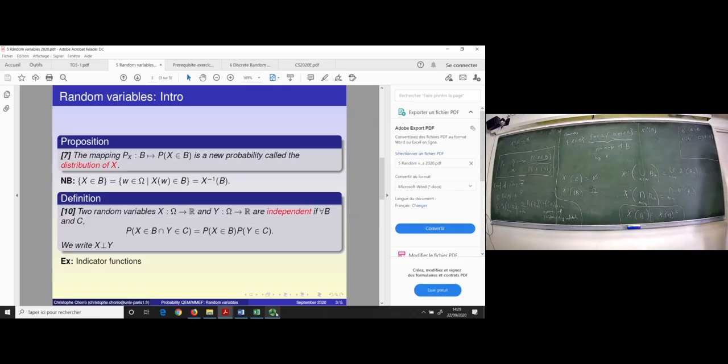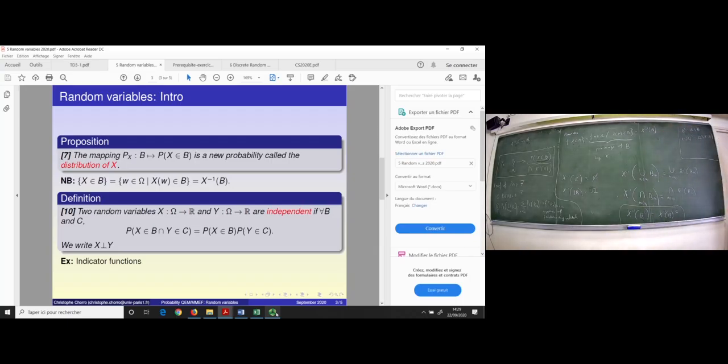Okay, so here I just remind the definition of what is the probability as defined in the first session of the course. So if I want to check that someone is a probability, I have to check that Px of the universe is 1, and that if I have a sequence Bn of pairwise disjoint sets, the probability of the union, or Px of the union, is equal to the sum of the Px. Okay? And you are going to see that it's very basic to prove both, but having in mind what I have reminded on the preimages.